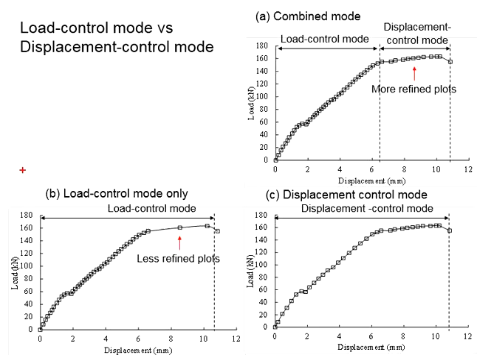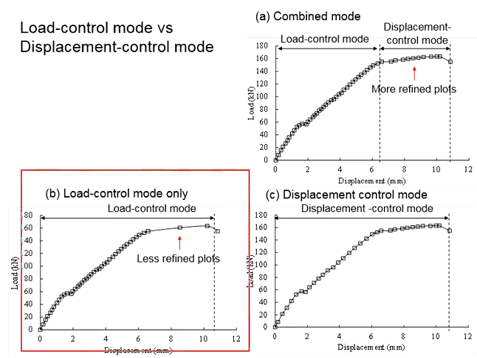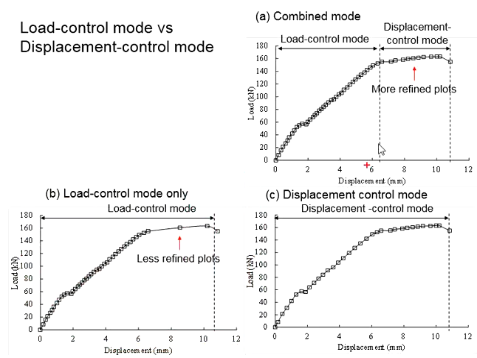Now if you apply the loads fully based on the load control mode, this will be the outcome. In the early stage, you will have a nice plot throughout the curve, but when the displacement accelerates, you have fewer plots.